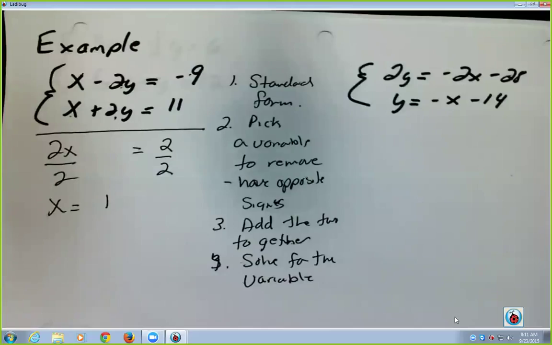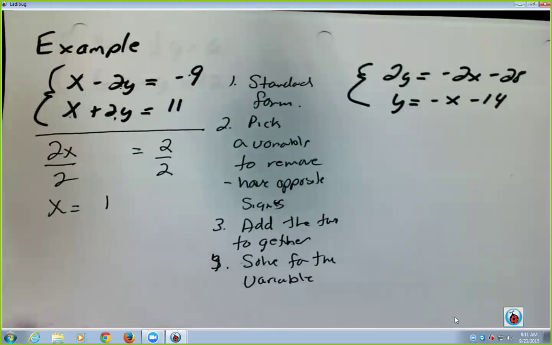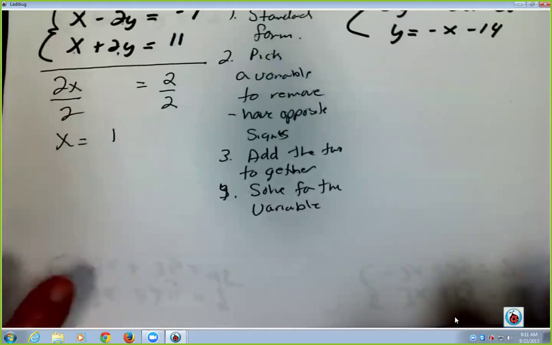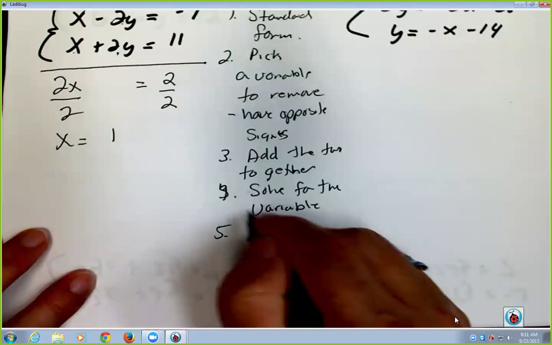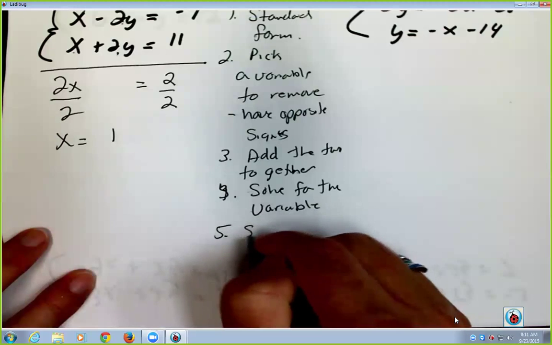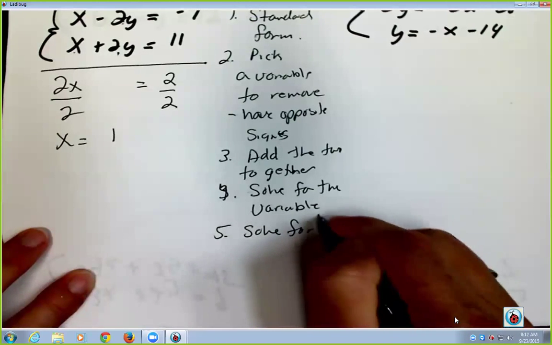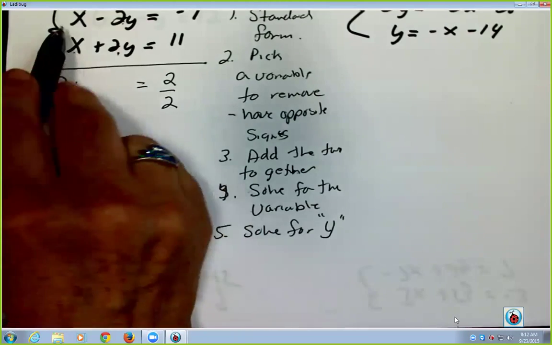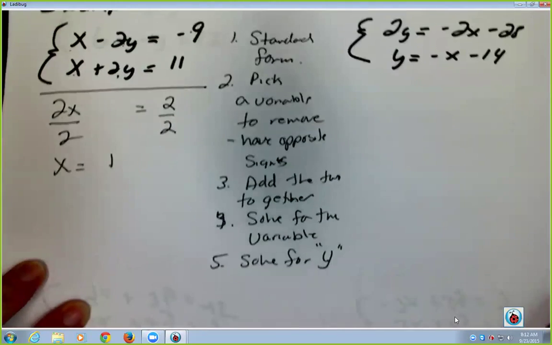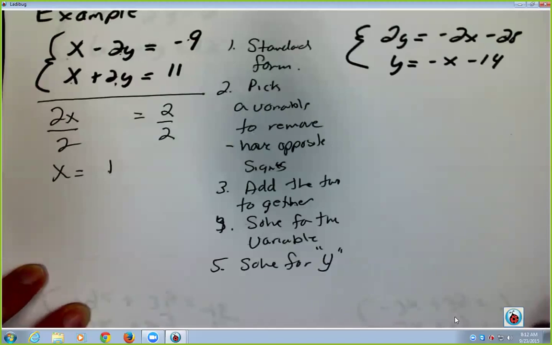Okay. So if I have one piece of my problem, I've got part of it out of the way, so that's pretty good. Now, step 5, solve for y in this case. So I'm going to pick one of these. Which one would you want to pick for an equation to work with? Pick the first one or the bottom one.